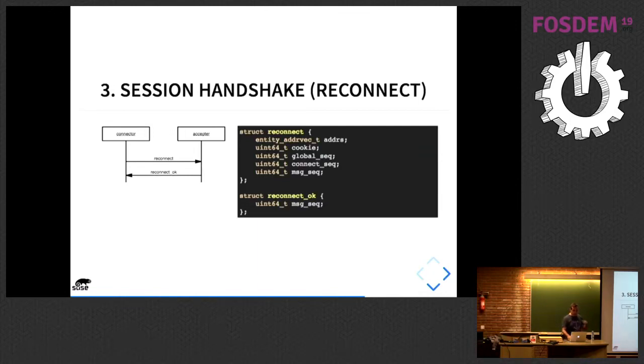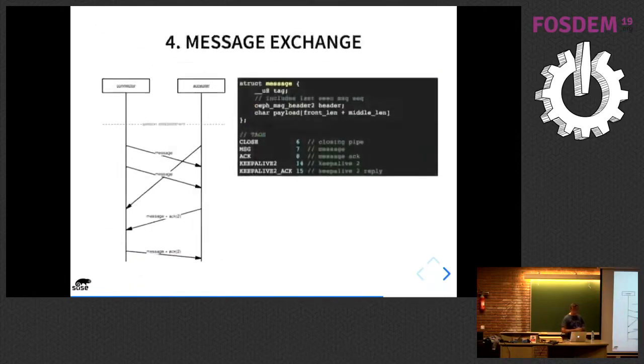So after the session is established, we go to the message exchange, and at this point, actually, there's no longer a connector and an acceptor. Both are peers. Both can send messages concurrently in any order, and the protocol also handles the acknowledgements of the messages.